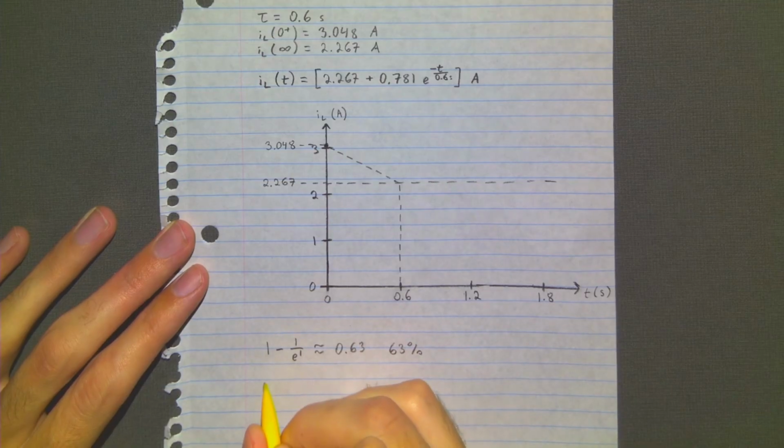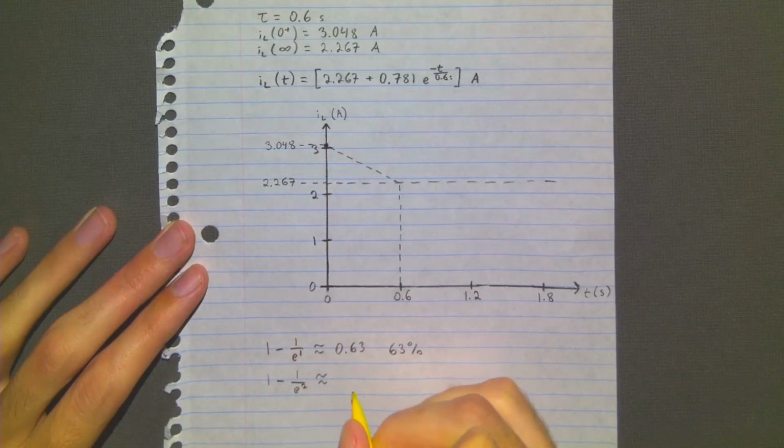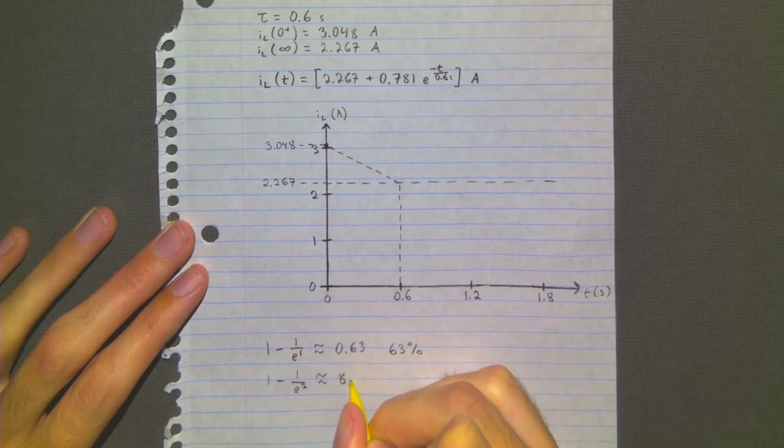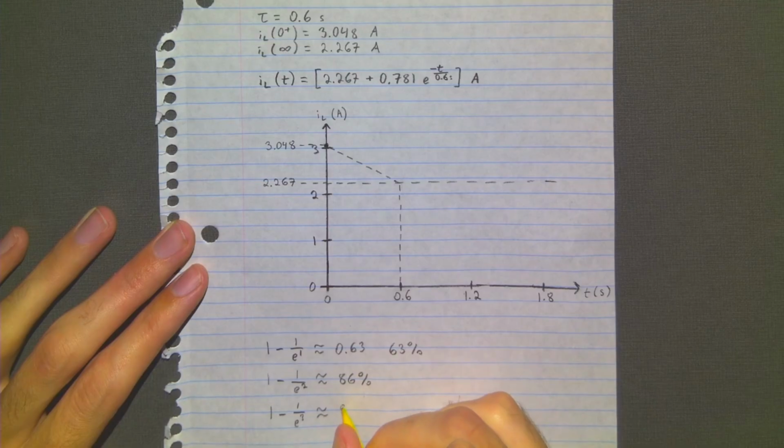At the second time constant, it's 1 minus 1 over e to the 2, which is approximately 86%. And then 1 minus 1 over e to the 3, which is approximately 95%.